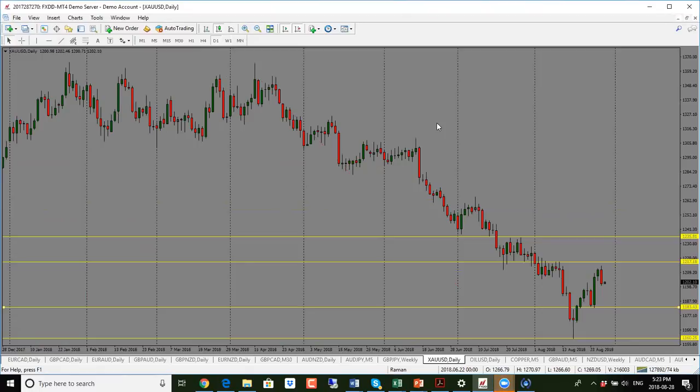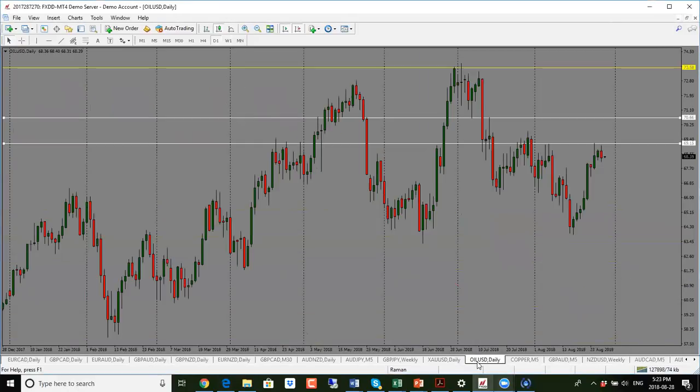Yeah, it's all the way to 1200 right now. So I would look for a pullback here and then a drop for gold. And as we can see, the US dollar is turning around as well, and that's causing that change here as well. So bias is to the downside for gold.